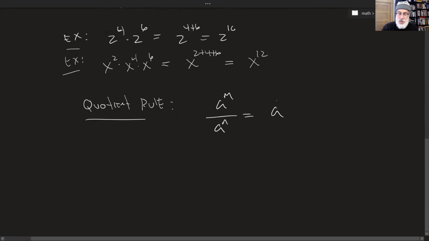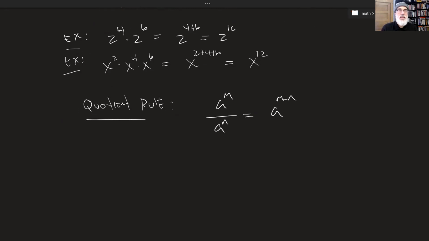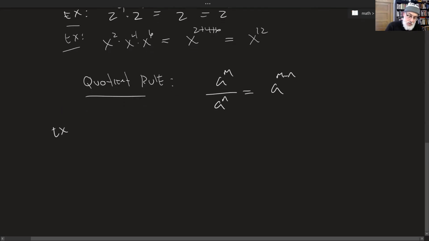In this case, we subtract the exponents. So a to the m divided by a to the n is equal to a to the m minus n. Some examples: x to the 5th divided by x squared is equal to x to the 5 minus 2, which is x to the 3rd.